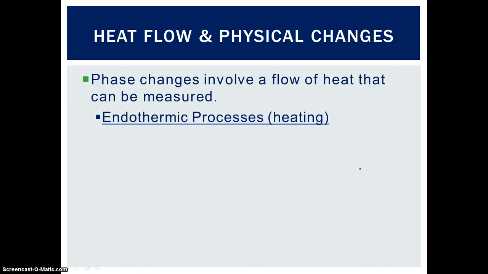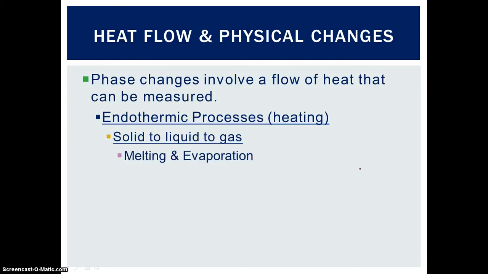So in terms of physical changes that a substance can undergo, you can go from solid to liquid through heating and liquid to gas through heating. And those are called melting and evaporation.